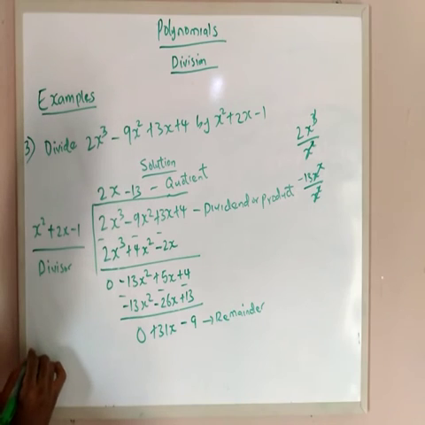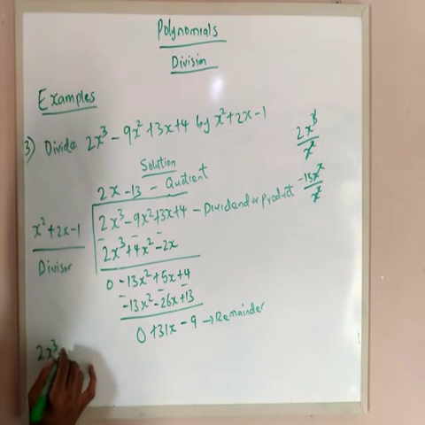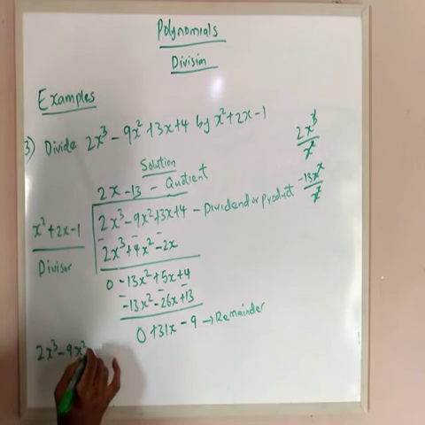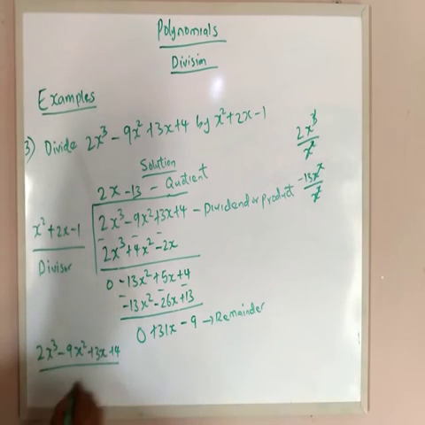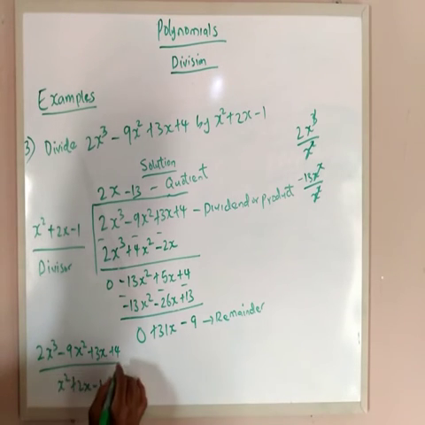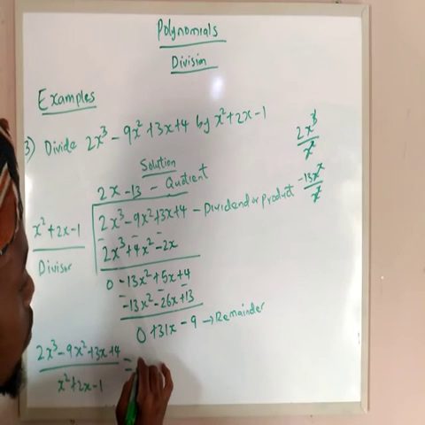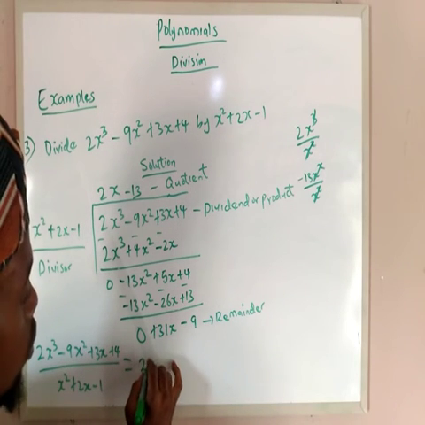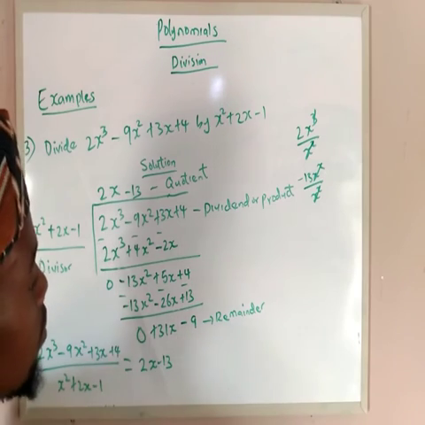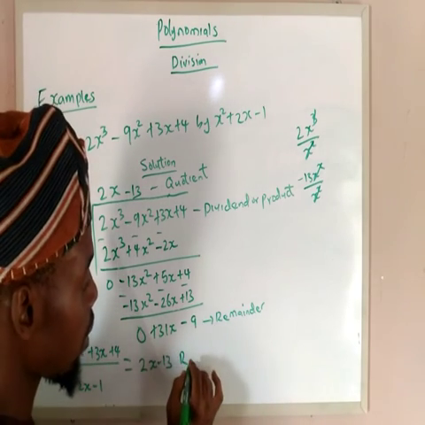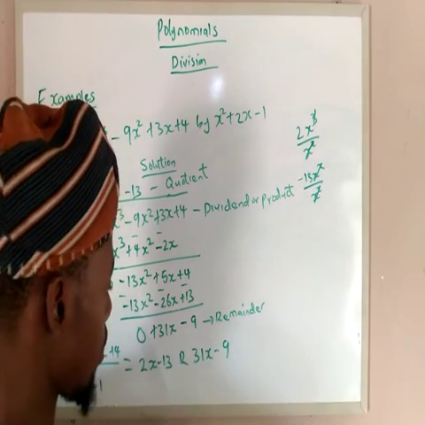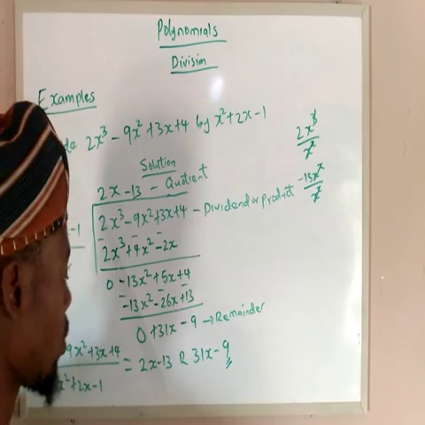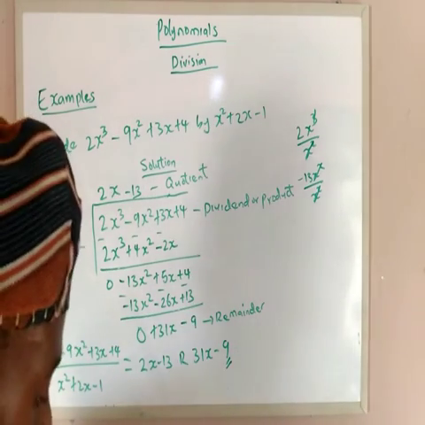That means 2x raised to power 3 minus 9x squared plus 3x plus 4 divided by x squared plus 2x minus 1 will be equal to 2x minus 13, remainder 31x minus 9. And that will be our answer for the third question.